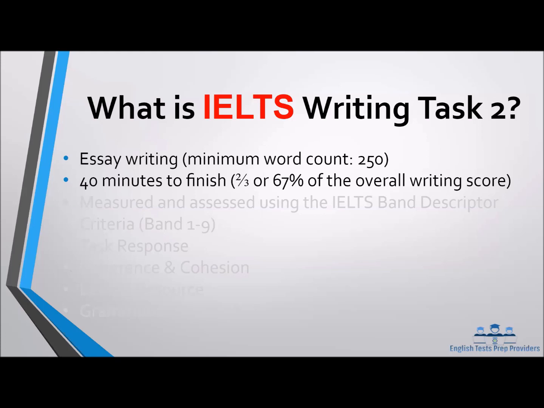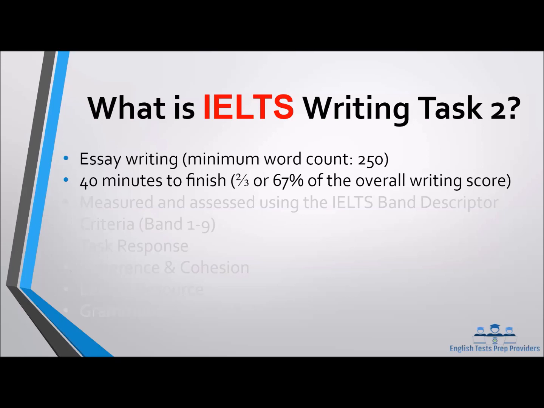Why? Because the IELTS writing task 2 weighs 2/3, or 67%, of your overall writing score, while task 1 is just 1/3, or 33%. So you really have to work on your IELTS writing task 2 if you're aiming for a band score of 7.